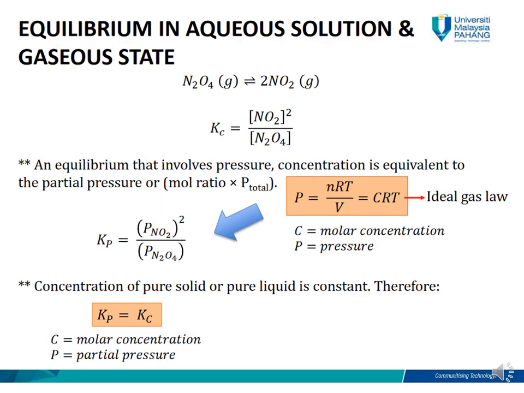So now consider a real chemical reaction. Consider this chemical reaction: N2O4 in the gas phase converts to 2 moles of NO2 in the gas phase. From this chemical reaction, how can you write the correct mathematical equation?